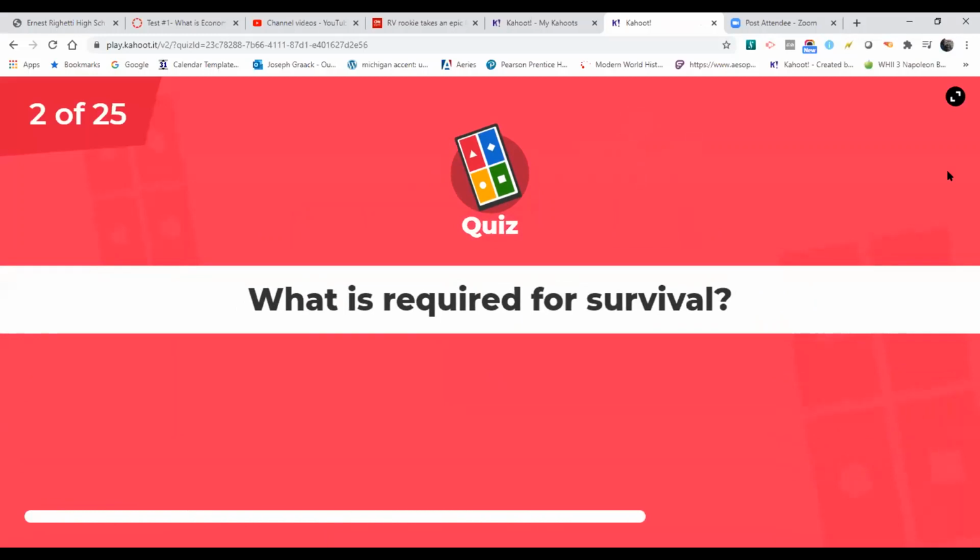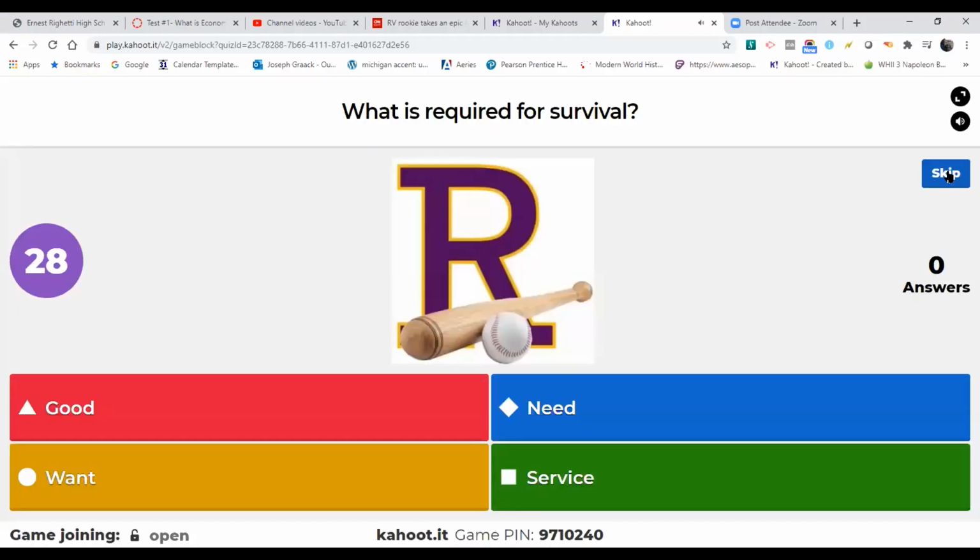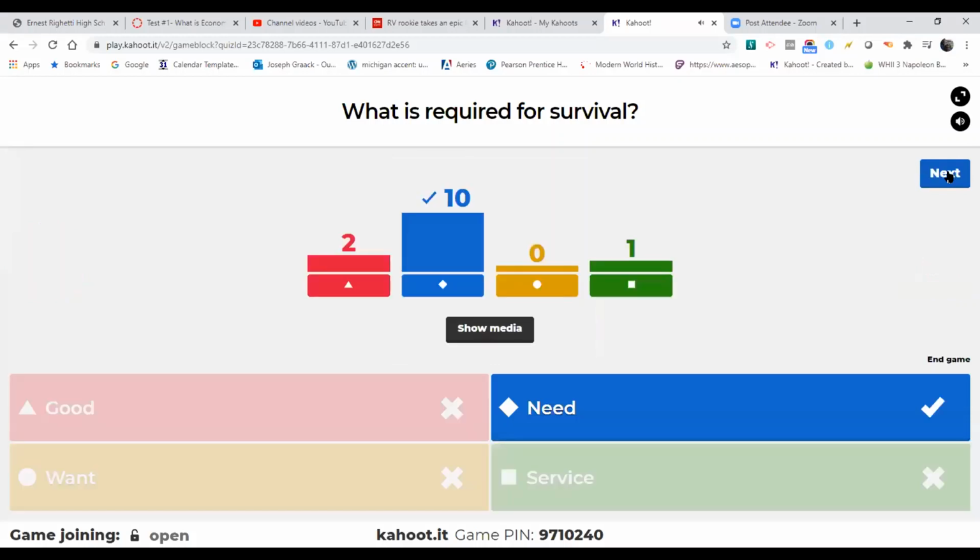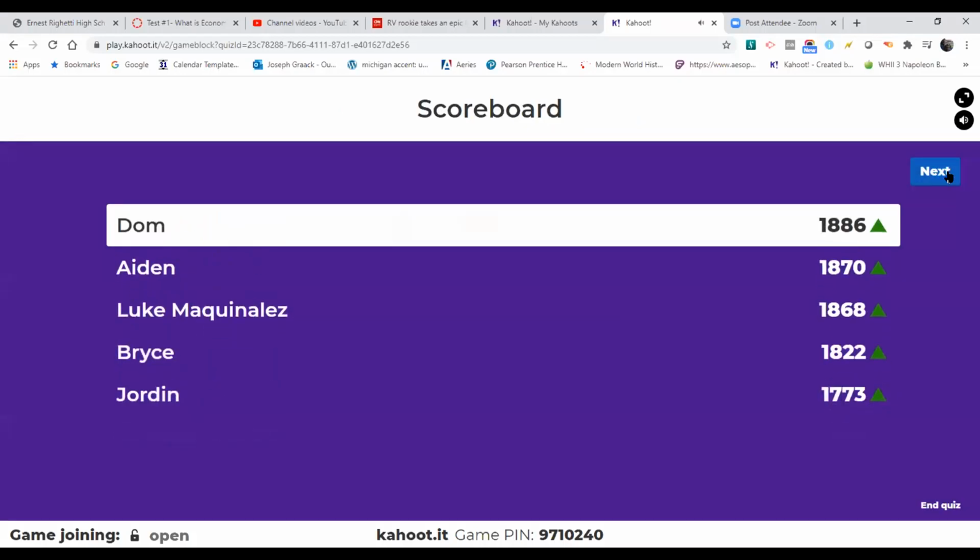All right, what is required for survival? A need, something needed for survival. Food, water, shelter. Uh-oh, look at that.